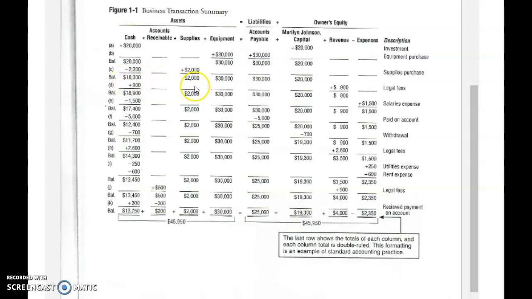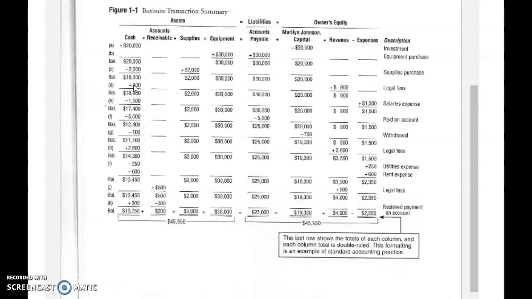Now the next transaction, you got legal fees because Marilyn Johnson is an attorney. So Marilyn Johnson performed some legal services and she received cash. Well, you increase revenue and then you increase cash because she received cash for the services.